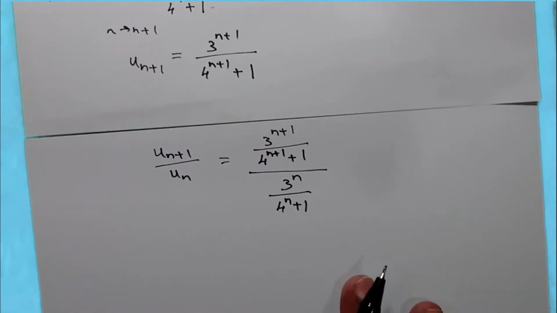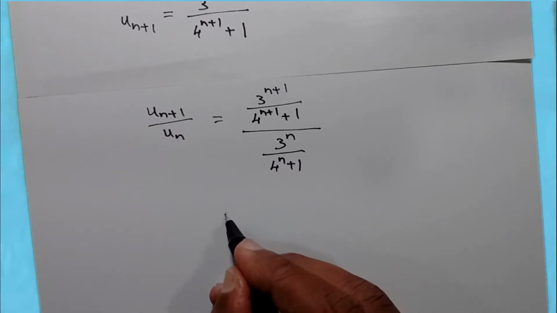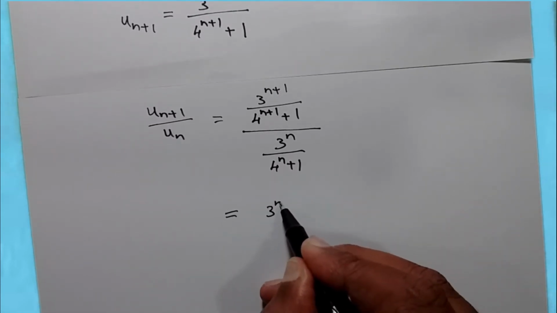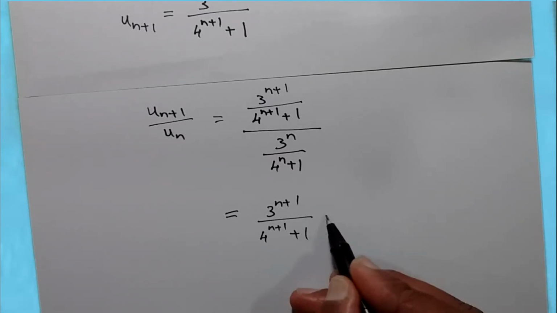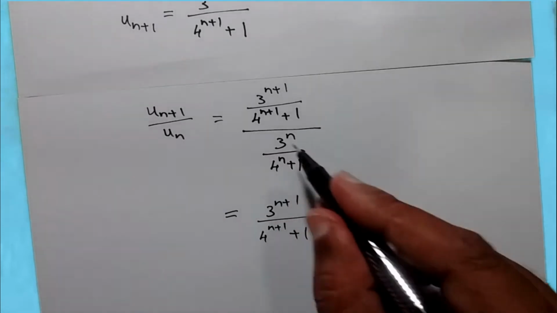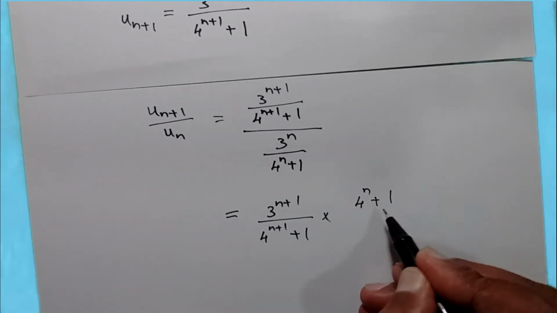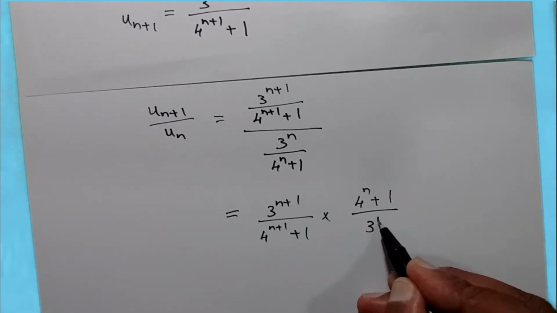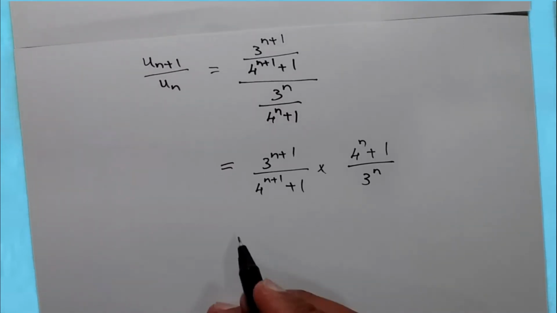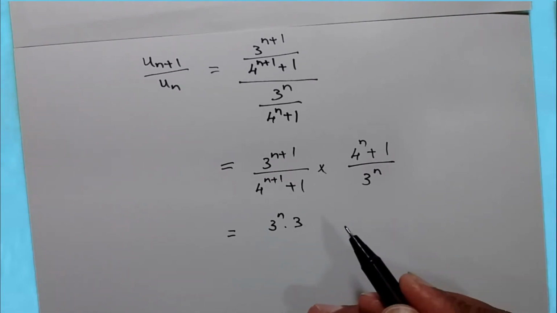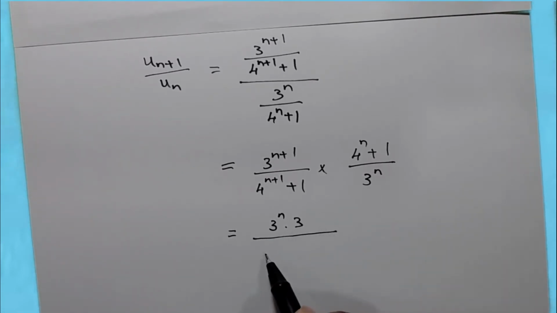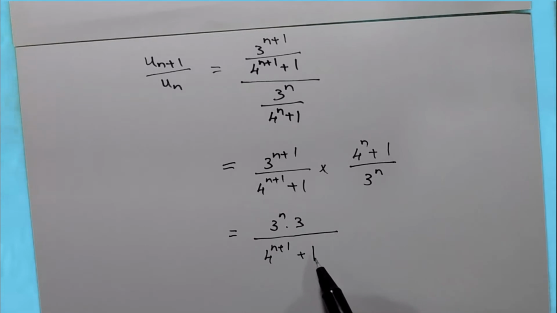So we have got un plus 1 by un equal to so much. So we need to simplify this result. That will be equal to 3 power of n plus 1 by 4 power of n plus 1 plus 1. So for this value take the reciprocal, the denominator value is 4 power of n plus 1 divided by 3 power of n, which will be equal to, so I can rewrite this as 3 power of n into 3, whole divided by this value as it is, 4 power of n plus 1 plus 1.